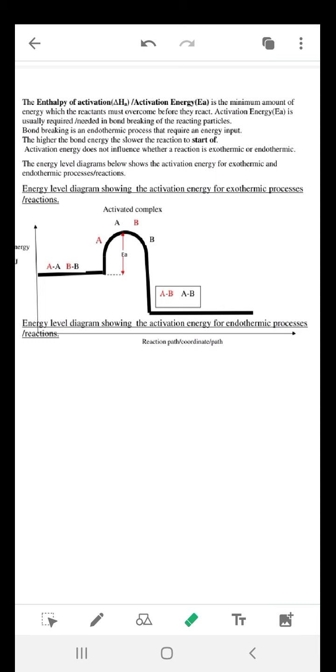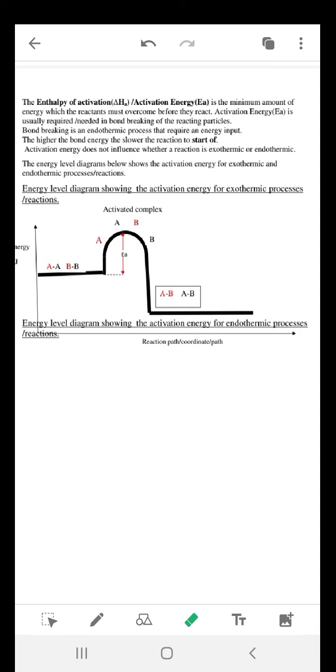So before the reaction takes place, the reactants have to overcome this activation energy, the energy that breaks these bonds. So meaning the bonds have to be broken for the reaction to take place.